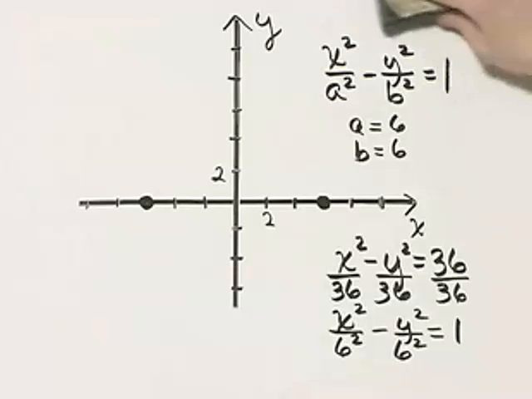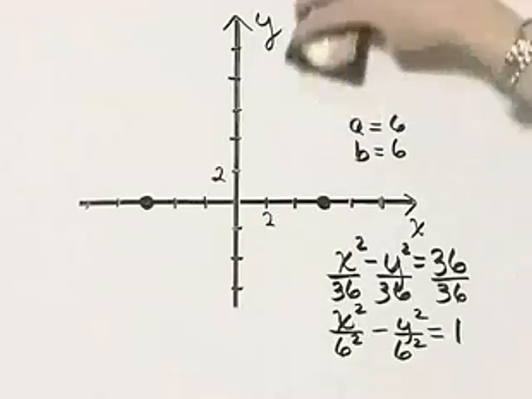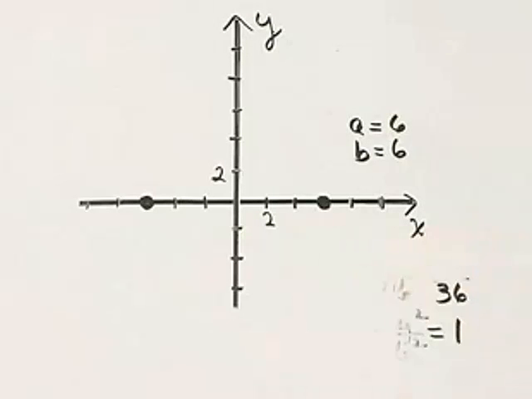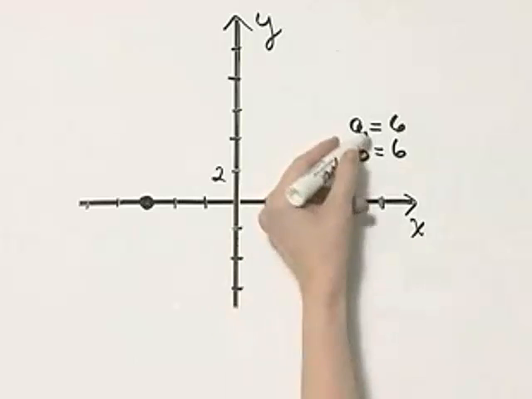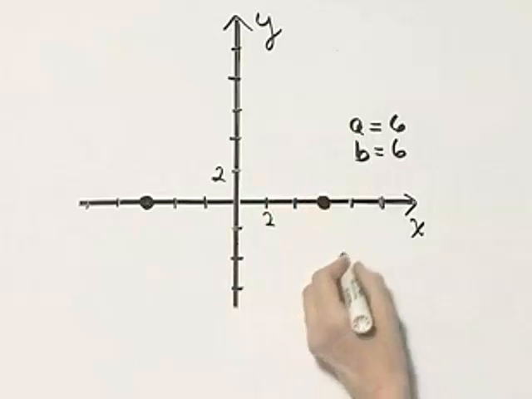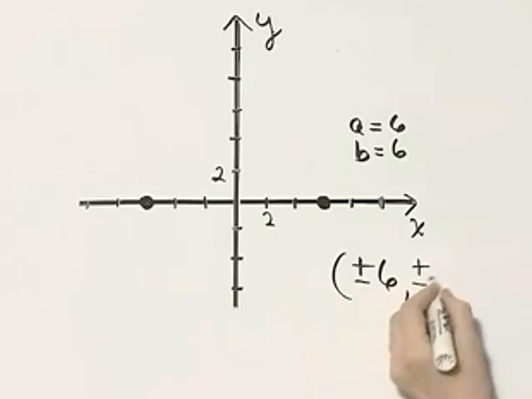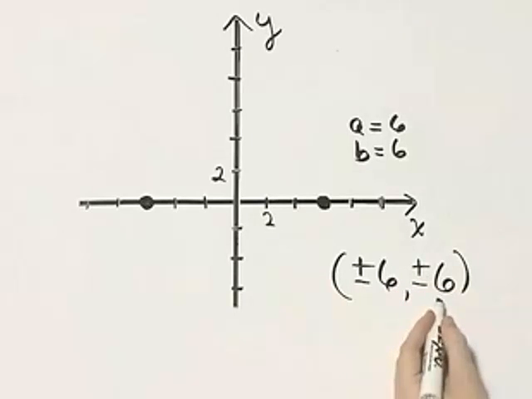So remember that a is 6 and b is 6, and that will help us draw the corners of our rectangle. We'll look at all ordered pairs of the form plus or minus 6, that's plus or minus a, plus or minus 6, that's plus or minus b.